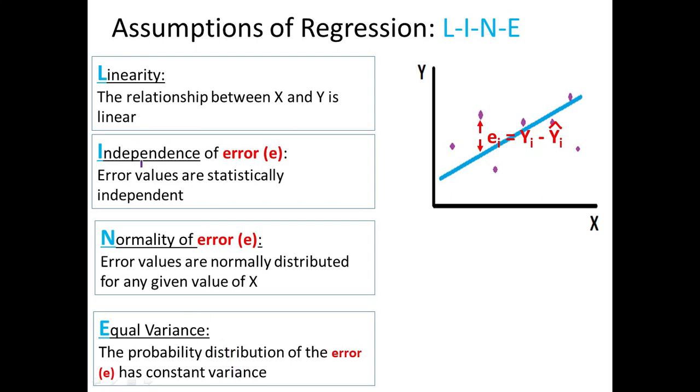So we can see here the first one, linearity, refers to the overall pattern of the x and y plotted data. The last three here are about measuring the error.